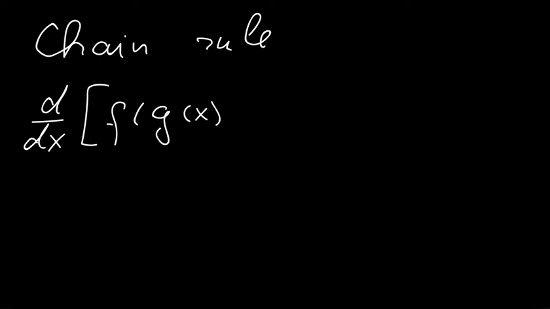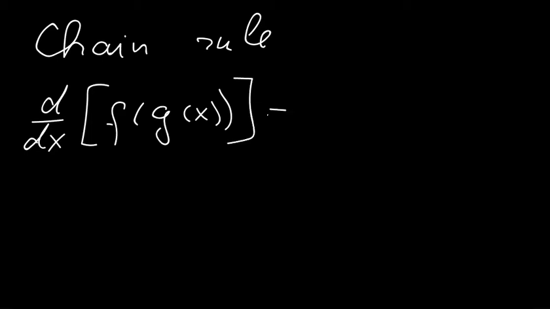Okay, so here's how it looks. d divided by dx, that's a sign that it's a derivative. It would be the same if I just wrote prime instead of it, okay? So a derivative with respect to x of f of g of x, okay?